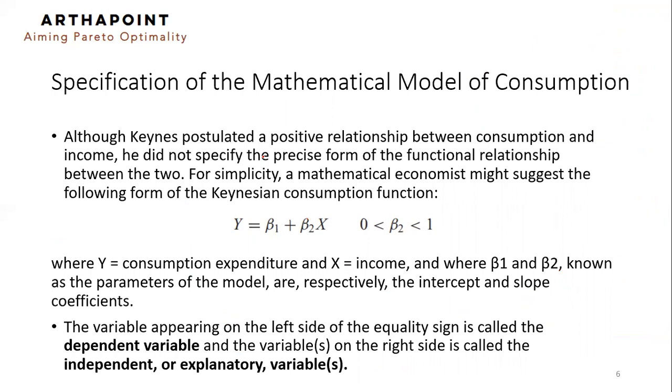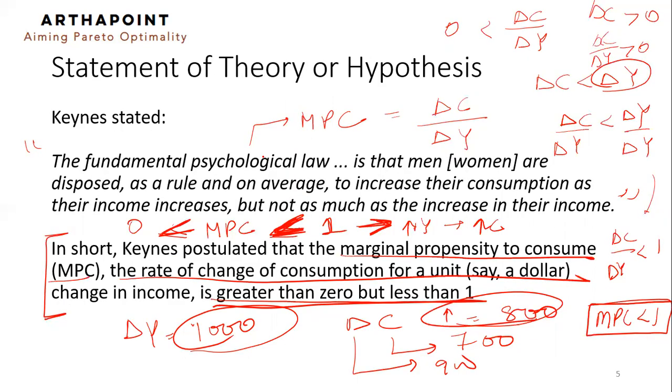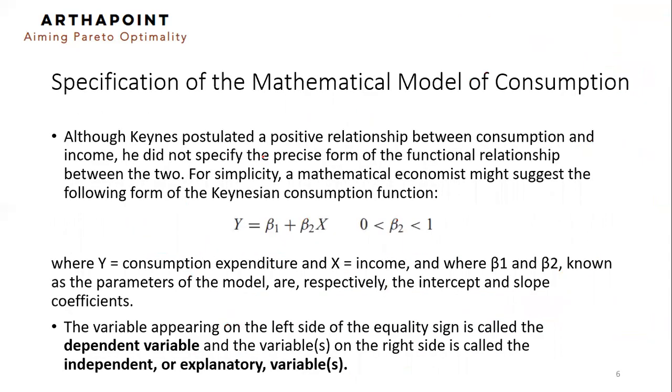Although Keynes said that there is a positive relationship between consumption and income, he did not go ahead and give a precise form to it. All that he's saying is that there is a positive relationship between consumption and income. But what kind of model exactly exists is not very clear. So we go ahead and write a linear model for this.